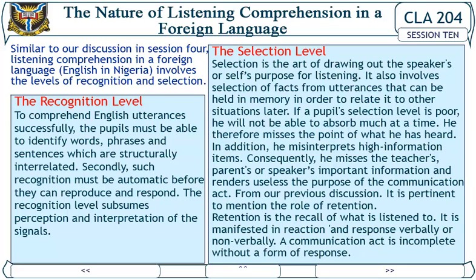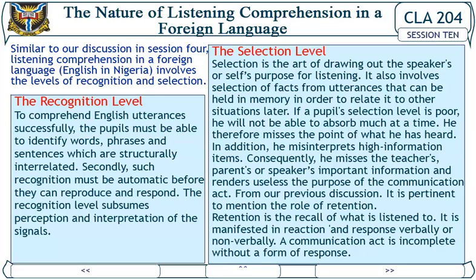To comprehend English utterances successfully, the pupils must be able to identify words, phrases, and sentences which are structurally interrelated. Secondly, such recognition must be automatic before they can reproduce and respond. The recognition level subsumes perception and interpretation of the signals.